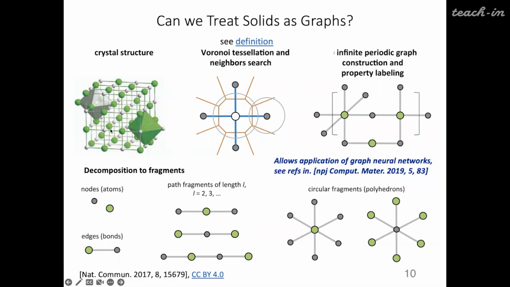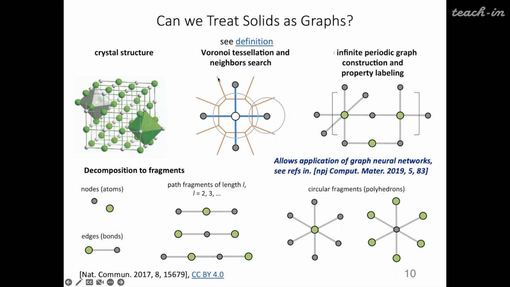So if we are given a crystal structure, we can use the so-called Voronoi tessellation. And basically, during this procedure, we partition the space in such a way that points around the selected atoms are assigned to a particular atom according to the fact that they are closest to it.